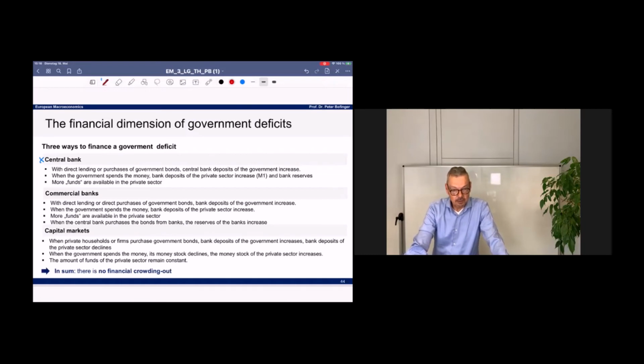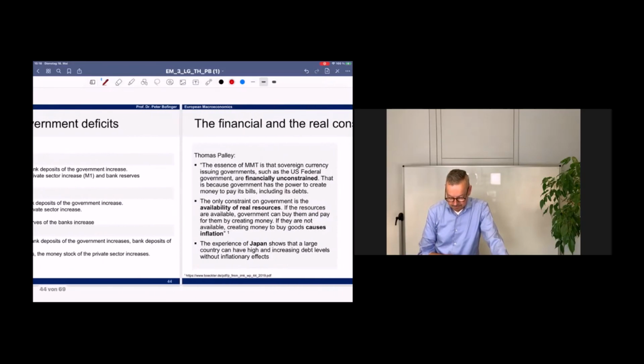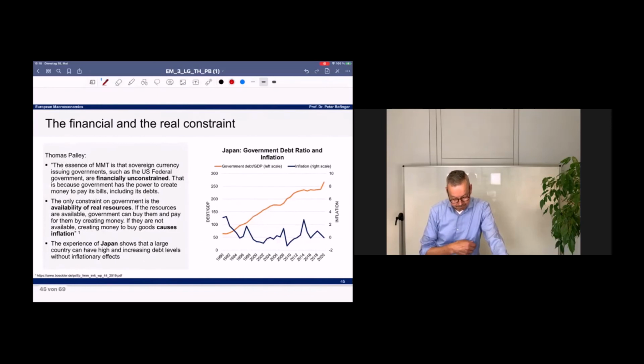There's, of course, real crowding out. We've already addressed this, but there is no monetary crowding out. And I think one can very nicely summarize the whole thing by quoting Thomas Palley, a very well-known Keynesian researcher.